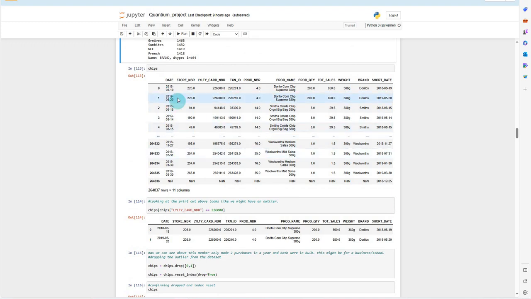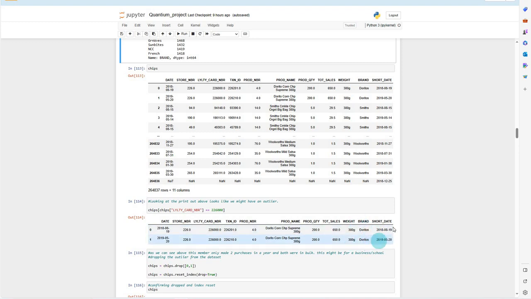Then, looking at it again, I noticed at the top here we had an outlier. This one member only did 2 purchases. As you can see here, I isolated it, and this member only made 2 purchases for $650 each time at a product quantity of 200.